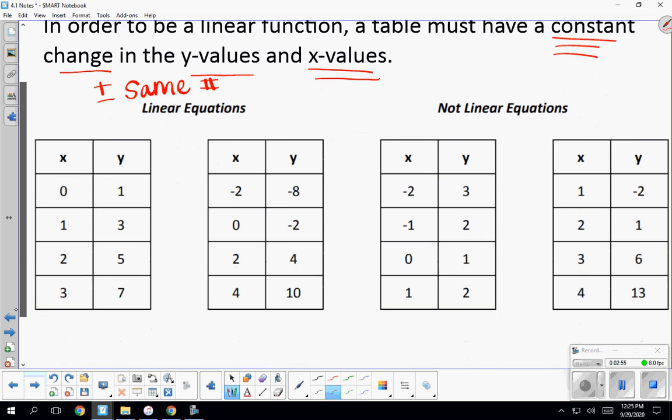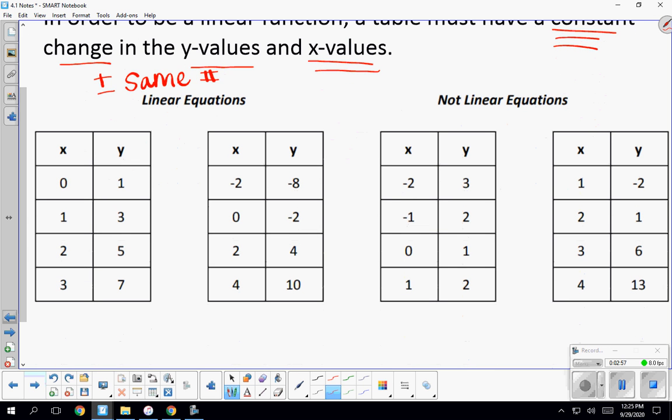Okay, so in order to determine what kind of function it is, we always need to make sure that we have a constant change in our x values. And so here we're going up by 1 each time. That means we can use this table to determine what type of function it is. As long as we are increasing or decreasing by the same number each time, then we say this is a linear function.